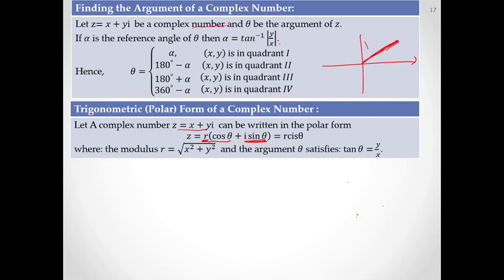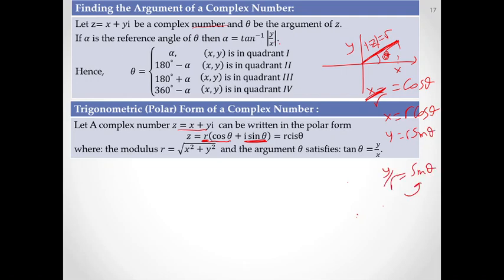This is the modulus, we call it r. This is theta. This is x. What is x? Indeed, x over r will be cosine theta. So we can say x is equal to r cosine theta. And in the same way, y will be r sine theta, because y over r will be sine theta.